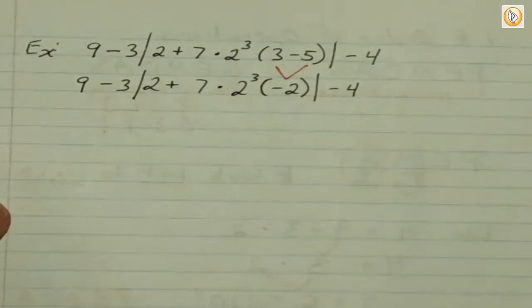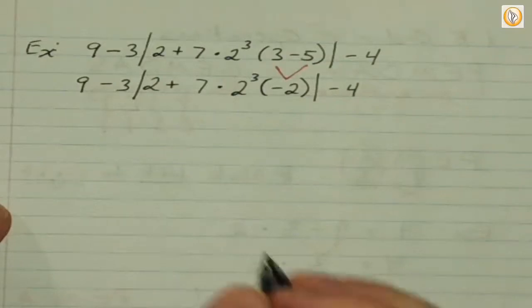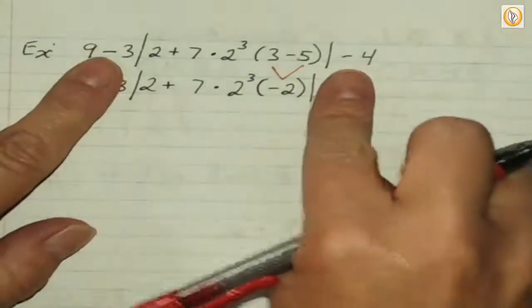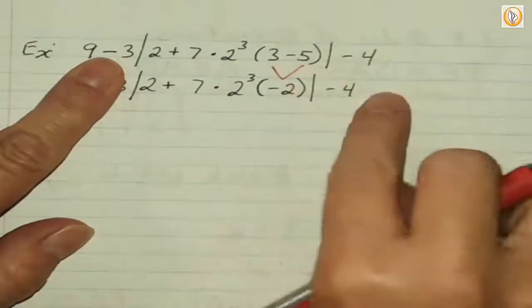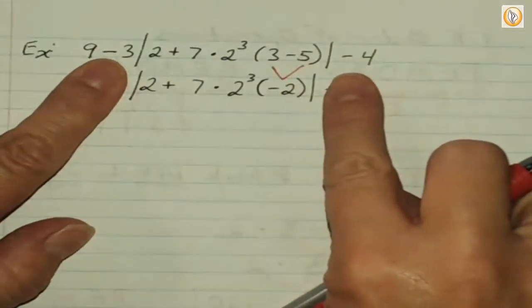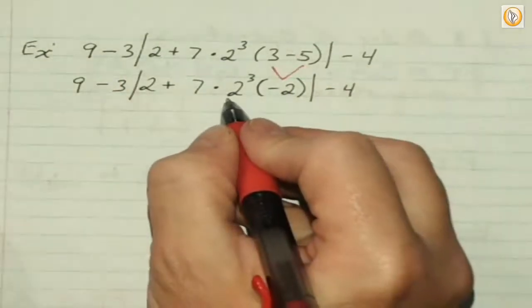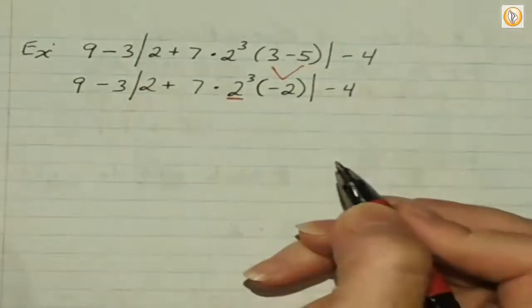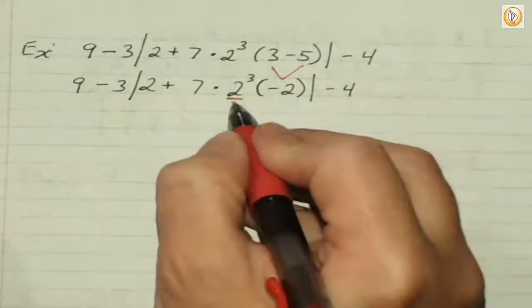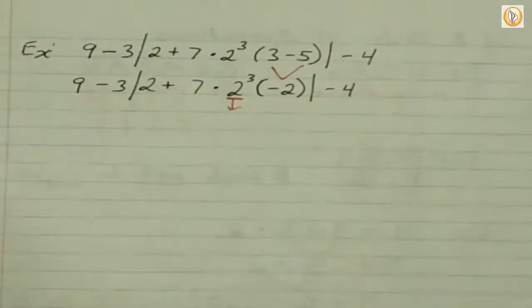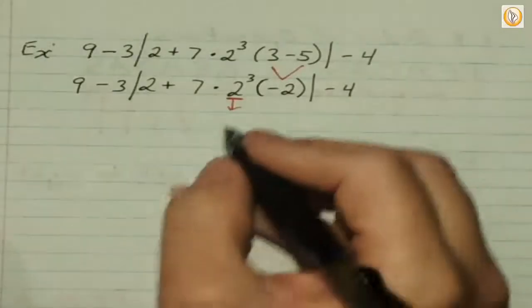Now, what do I do? Okay, so we're still working in the absolute value group. Y'all see that? And she said by PEMDAS, we do the exponent next. So what is 2 cubed? 8.